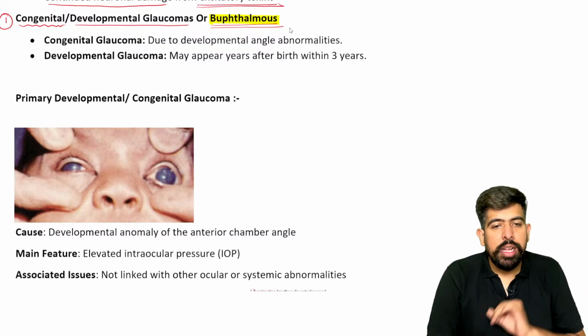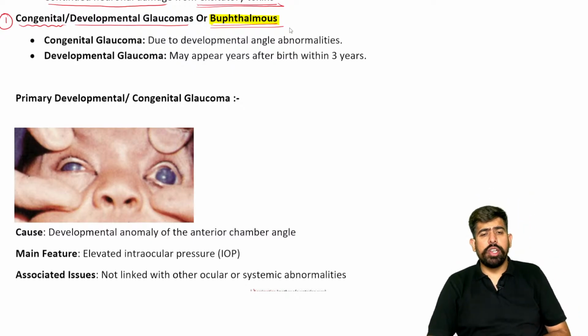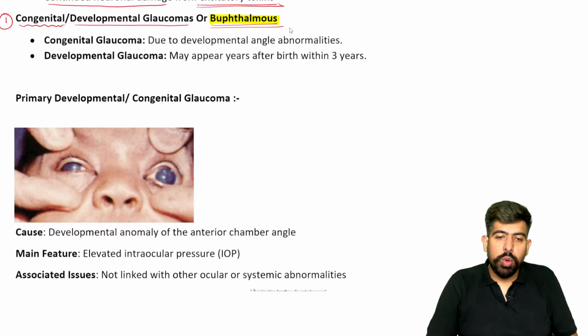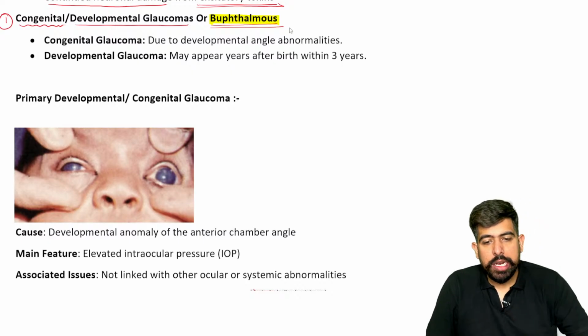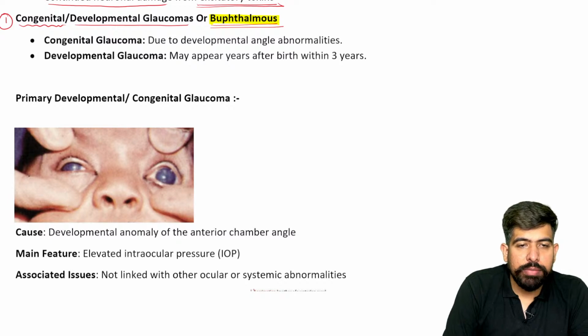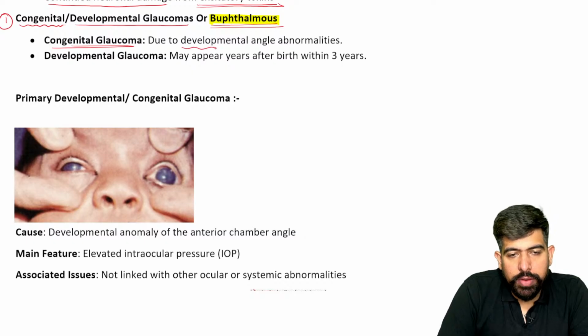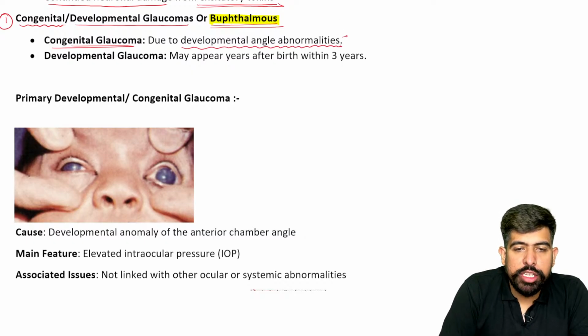Just remember that congenital glaucoma is also known as developmental glaucoma. Now, moving forward, congenital glaucoma is due to developmental angle abnormality. Which angle?